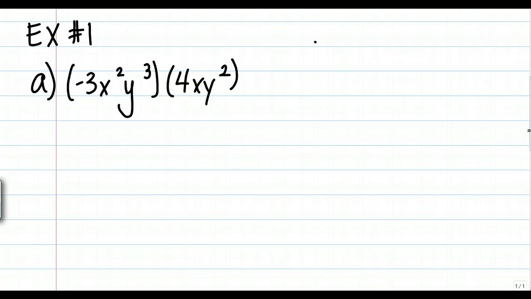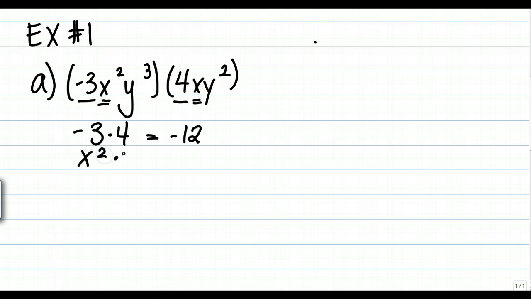Here's my first example. I'm going to start off by multiplying negative 3 times 4 together. I get negative 12. I have an x squared and an x. This is like law number 1. So again, I would add my exponents because my base numbers are the same. So I have 2 plus 1 is 3.